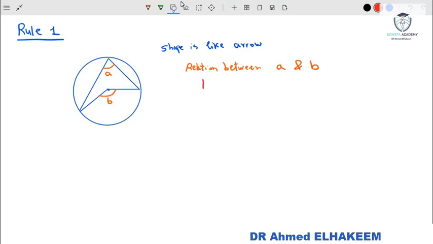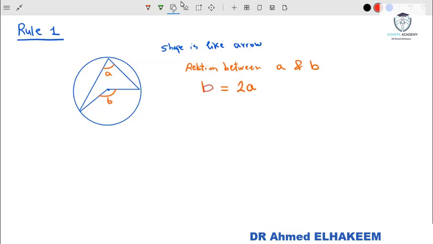B equals double of A. This is rule number 1. Why? Because they are sharing the same arc, and B is in the center.